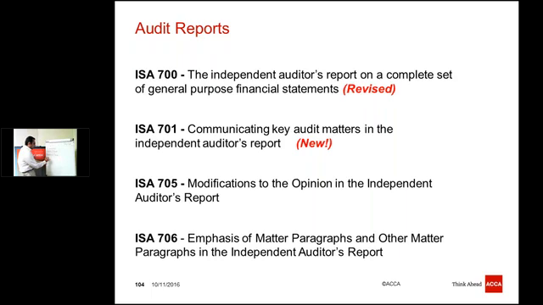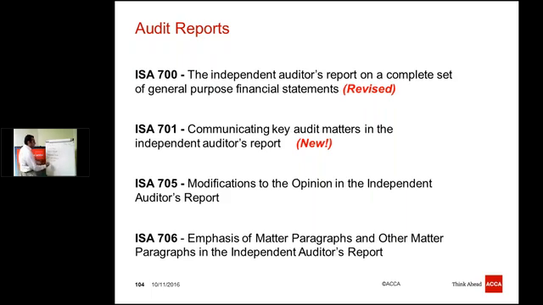And then came either the basis for a qualified, adverse, or disclaimer of opinion paragraph, or there would be no such paragraph because there has been no qualified, adverse, or disclaimer opinion, which was usually followed by the opinion paragraph. So basically, if you wanted to see what is the opinion in the audit report, you would actually go right at the bottom of the audit report to find out what is the opinion on the financial statement.